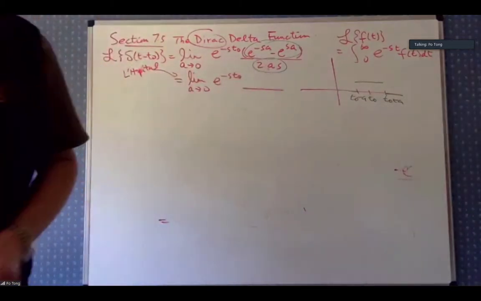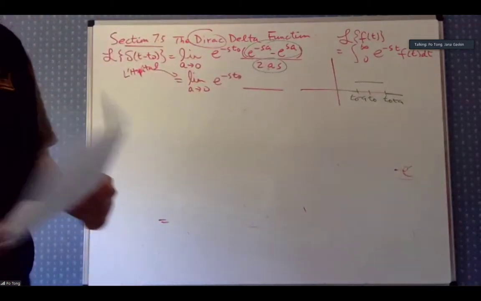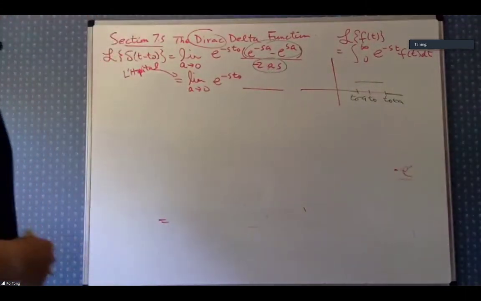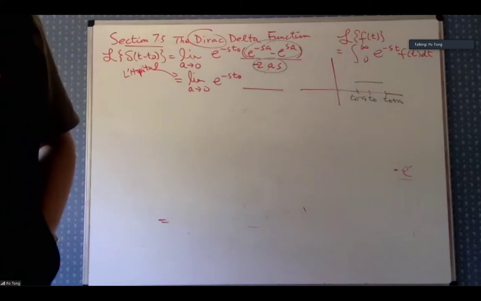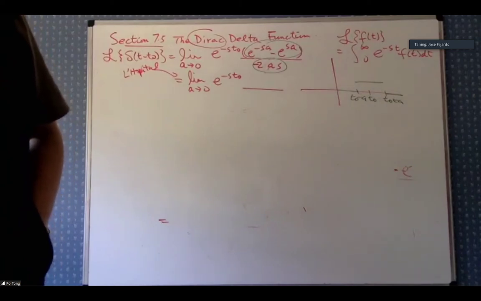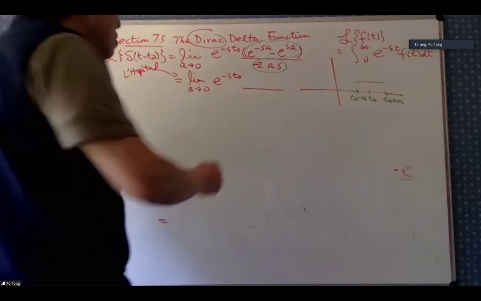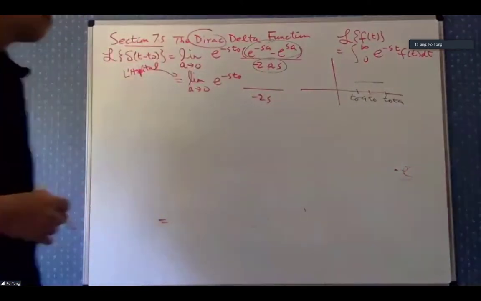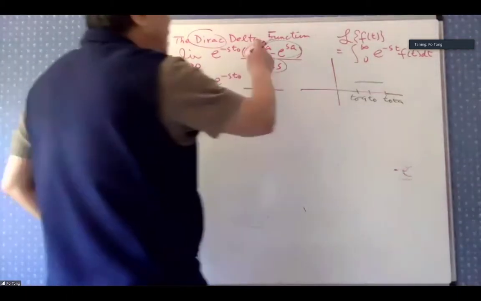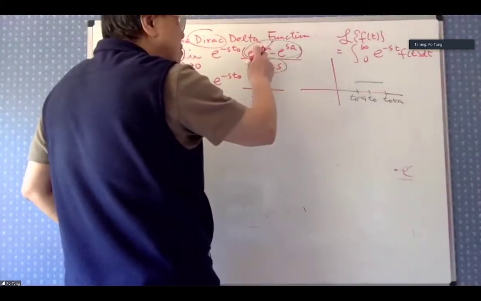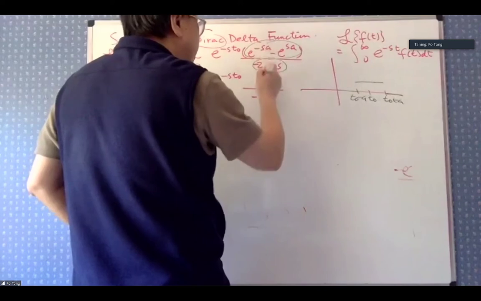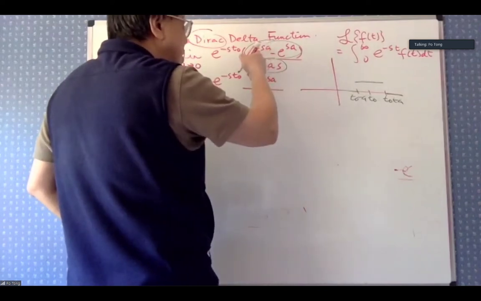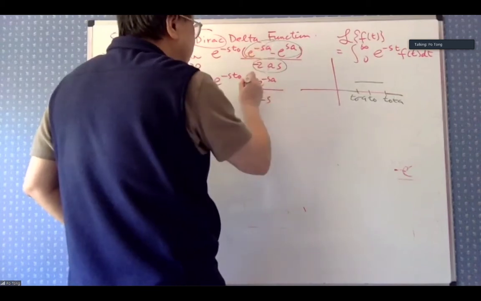Yes, I do have a minus sign there. With respect to a, this becomes negative 2s. Now the top: with respect to a, the derivative is itself. It's the chain rule, so you have a minus s in front.